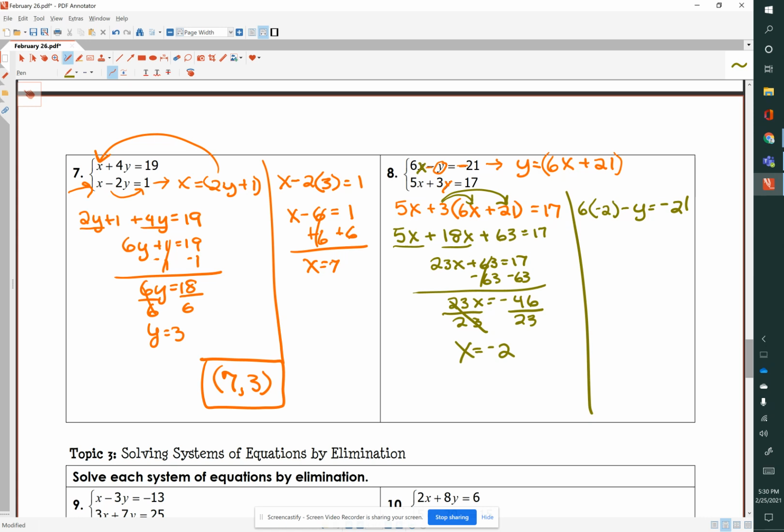Actually, you know what I could have done? I could have inserted it right here too. That might have been a little easier. But let's see how we do. So we've got -12 minus y equals -21. Add 12 to both sides.